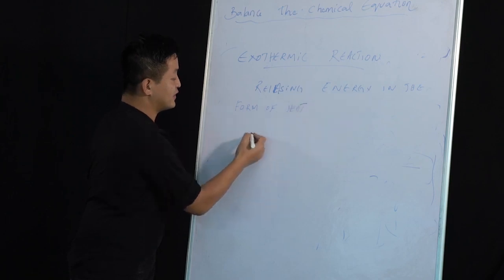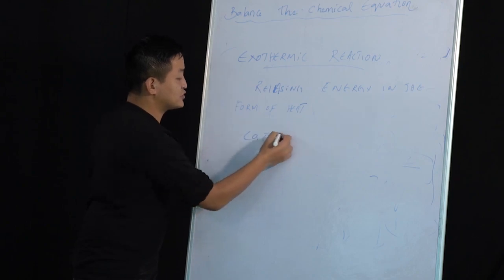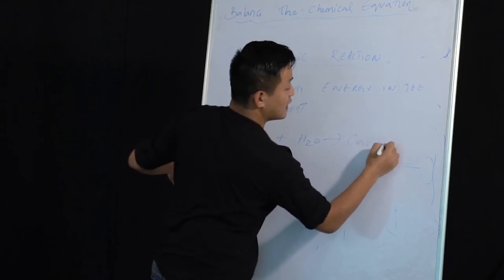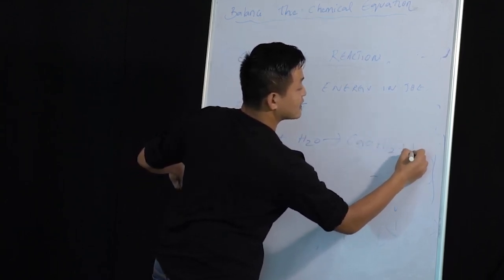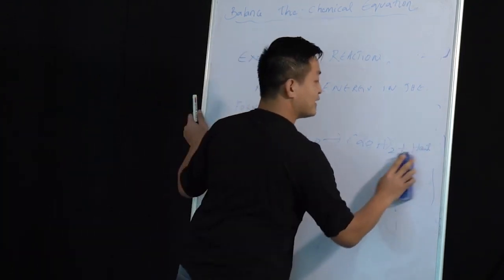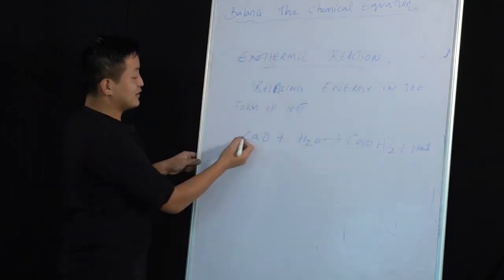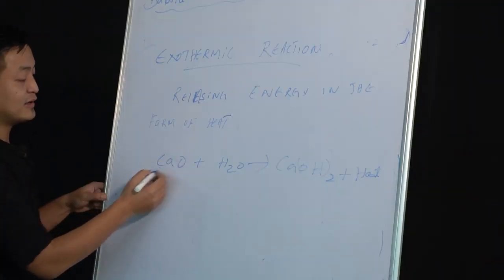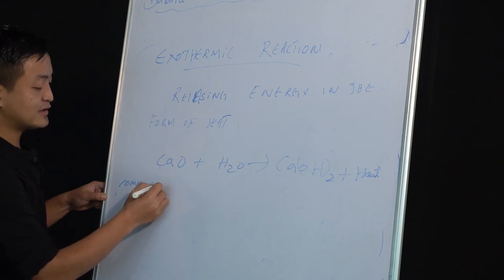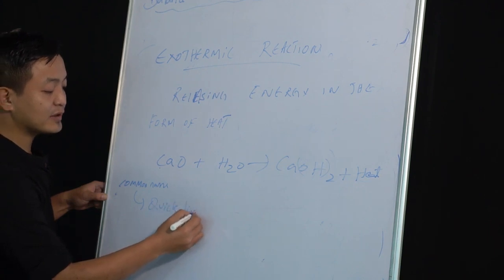I'll give you an example here: calcium oxide, CaO, plus water, you'll get calcium hydroxide and heat. Now you might be confused, but this is a very common example. Calcium oxide, CaO. The common name is quicklime, L-I-M-E.